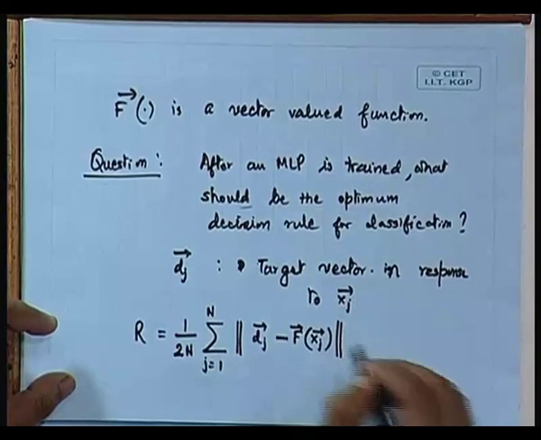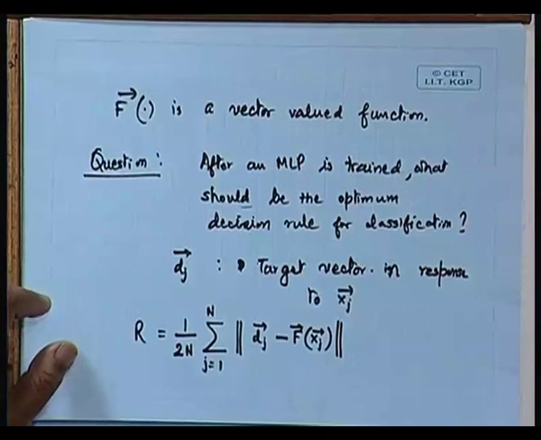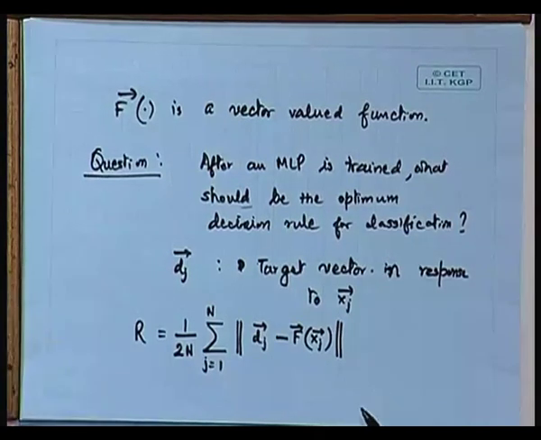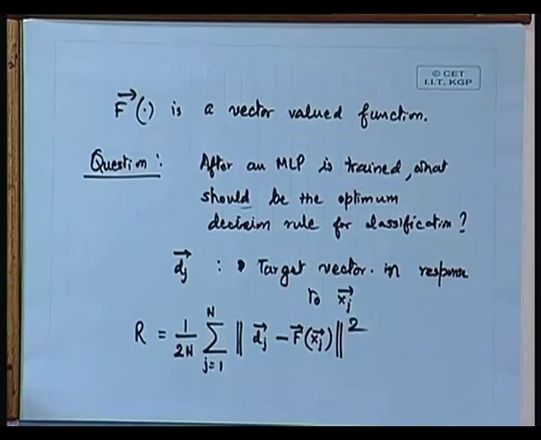and what is f of xj? This f of xj is nothing but the vector of all the outputs, that is to say k equal to 1 to m. So, this is an m dimensional vector and this is also an m dimensional vector, and we are taking the squared norm of this.